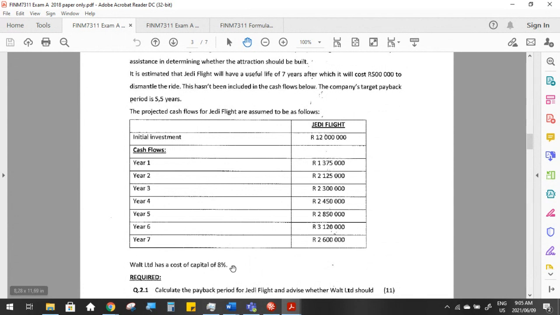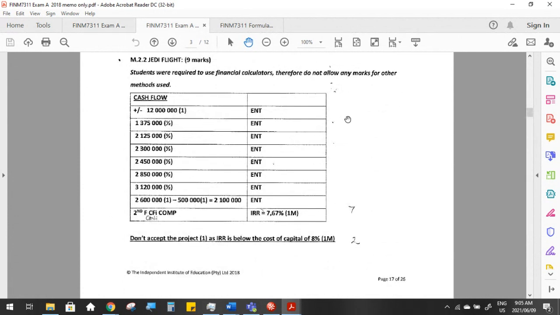But this you would have highlighted in a nice, great, big, fat stroke of your highlighter to make sure that you know the company's cost of capital, REWACC, is 8%. So they wanted the financial calculator method. So all you have to do then is write down what you would enter into your financial calculator.